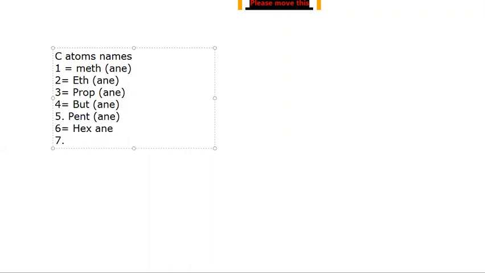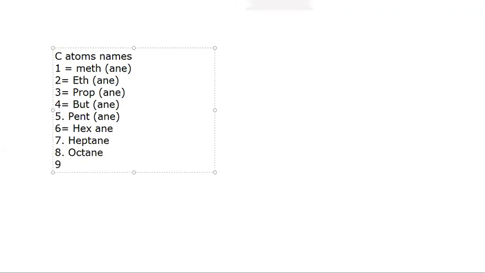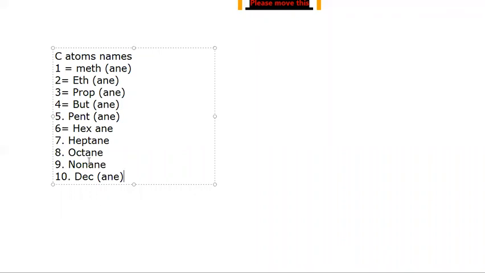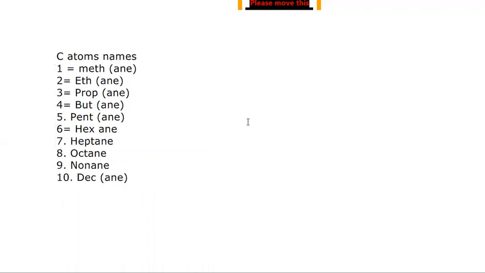Seven is heptane, and eight is octane. Nine is nonane, and ten is decane. Again, you must write it like this to be the correct name. I'm just putting it in a bracket to differentiate from what we are going to do next.